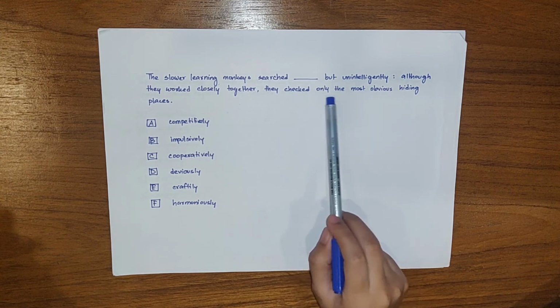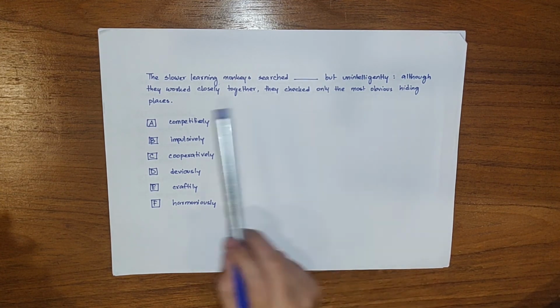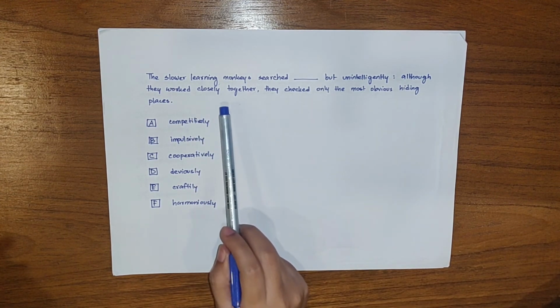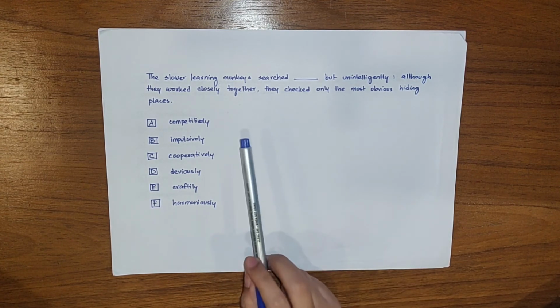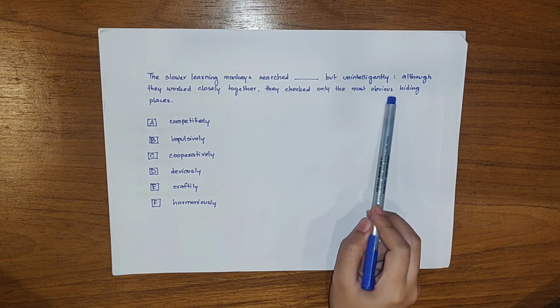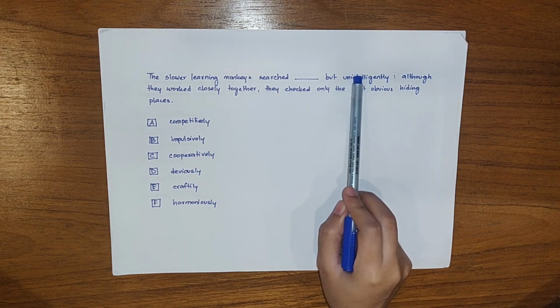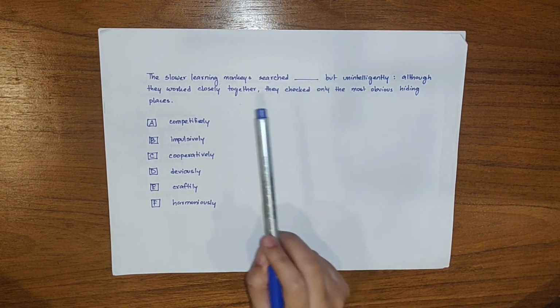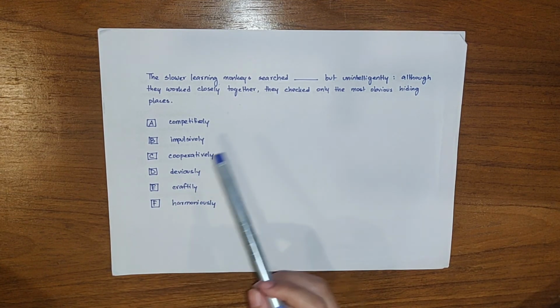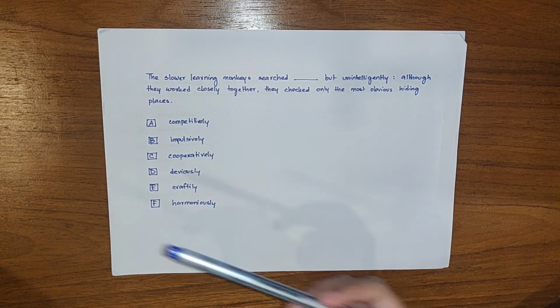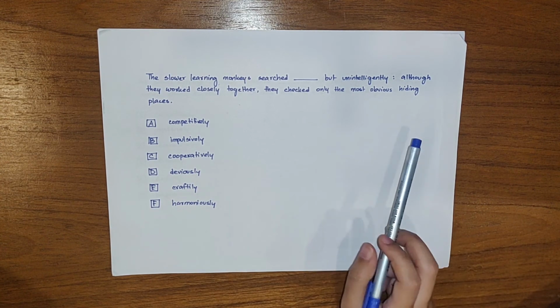They checked only the most obvious hiding places and that they worked closely together. Now, if we tie both of the parts together, we can see that this part corresponds to the unintelligence, which means that this blank must be related to the monkeys working closely. So we can say that the monkeys were very united or very cooperative.